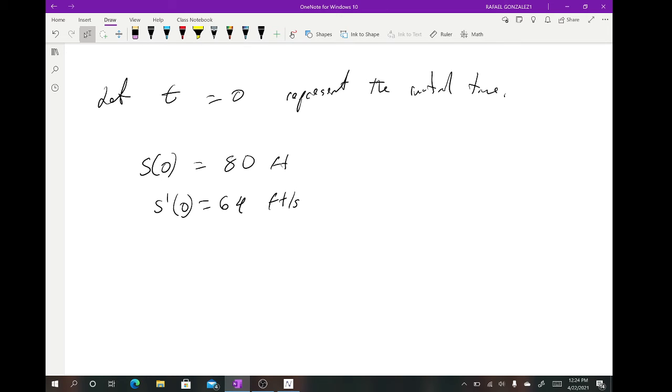Now, for the acceleration due to gravity, we will use negative 32 feet per second squared. You may think that this is coming out of nowhere, but if you look at the function for gravity, you will see that it is actually equal to this. Let me write it down.